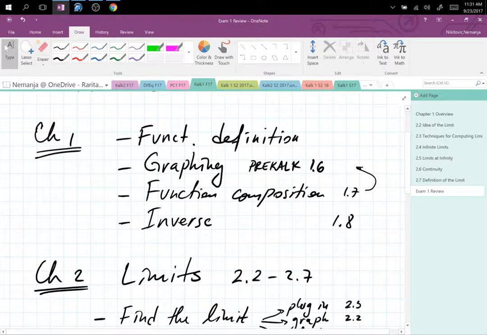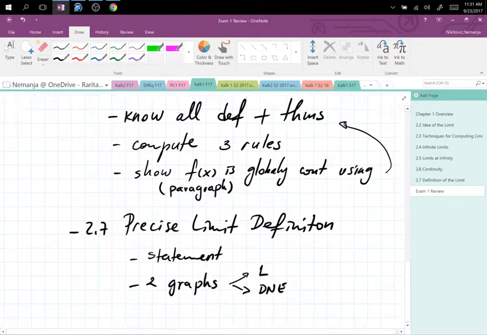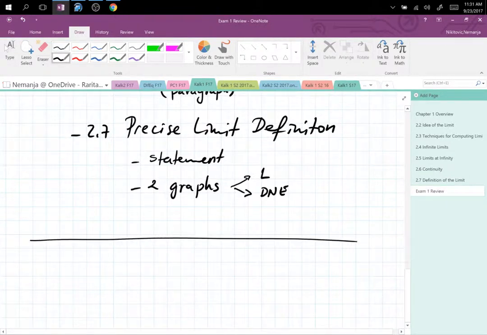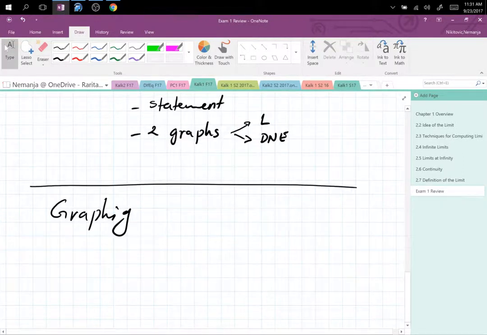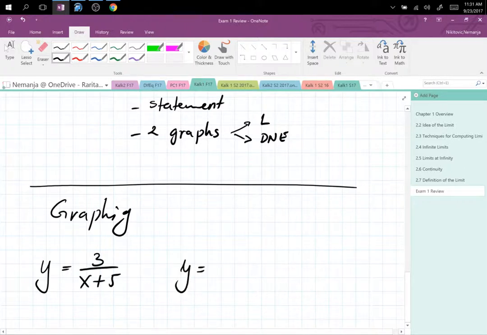For graphing, let me clarify graphing. Now if you are able to do stuff like this: y equals x plus 5, y equals e to the x minus 1, y equals 4 sine x. So the basic stuff.